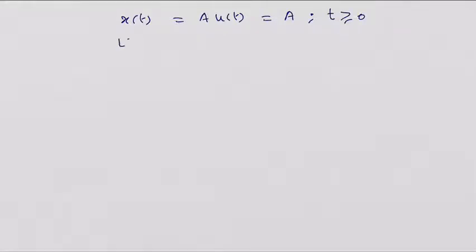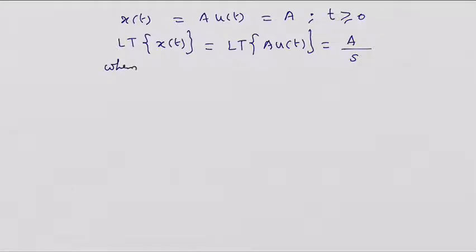In such cases, if you apply the Laplace transform on this signal, the Laplace transform of A into u of t is considered to be A divided by s, and the second term appears only when X of s converges for the condition sigma greater than 0. So the ROC: the Laplace transform of A into u of t is A by s, with ROC, and this result is true only when sigma is greater than 0.